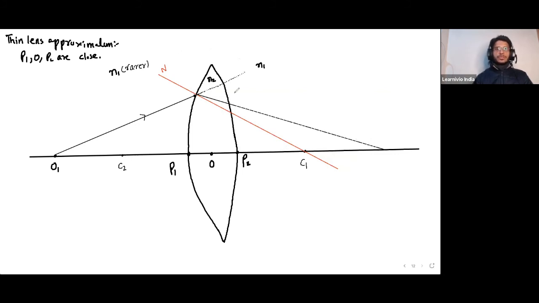So this should be the direction of the ray if there is no second refraction.